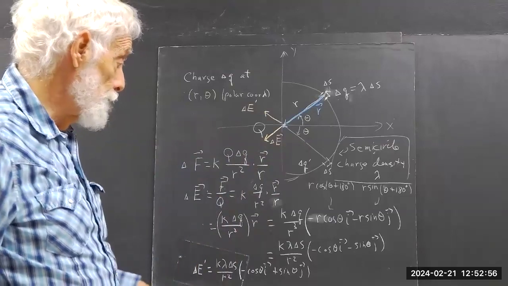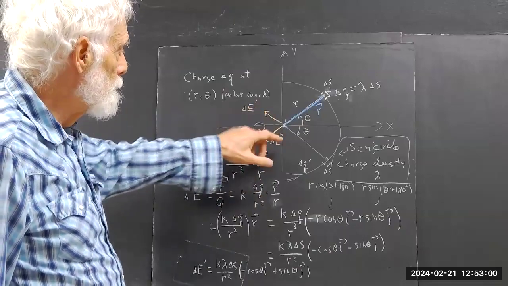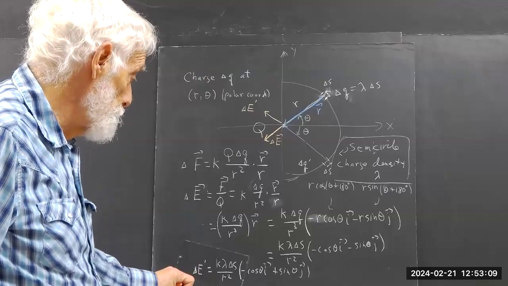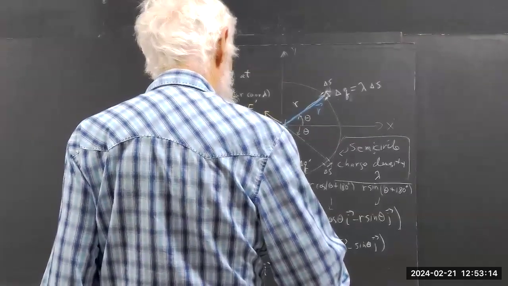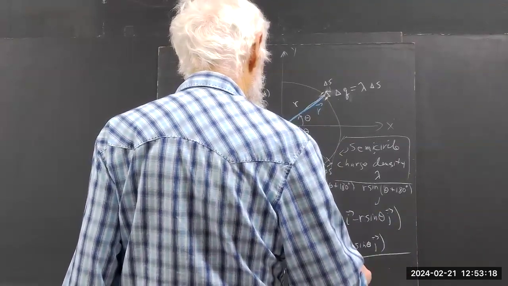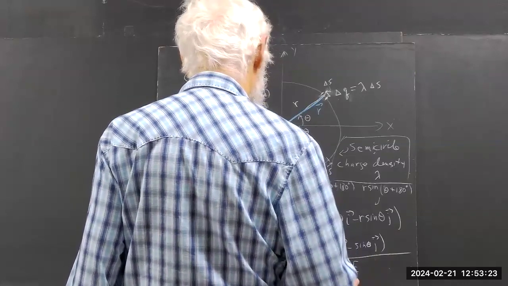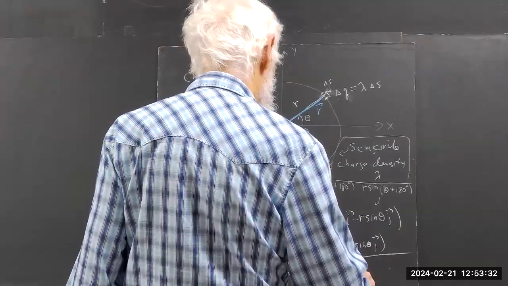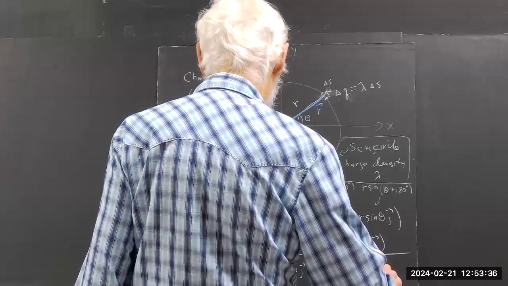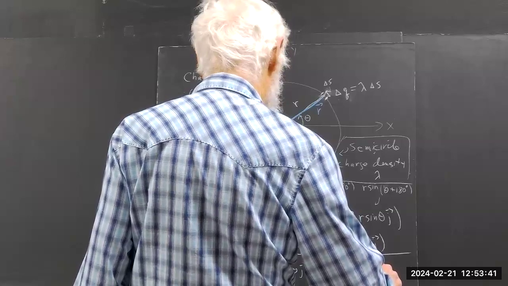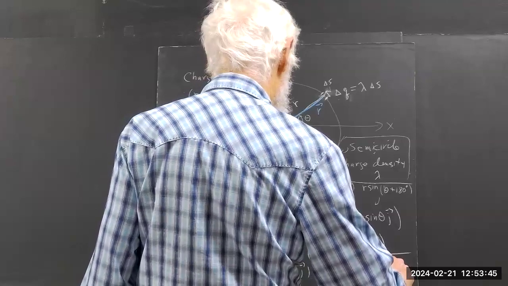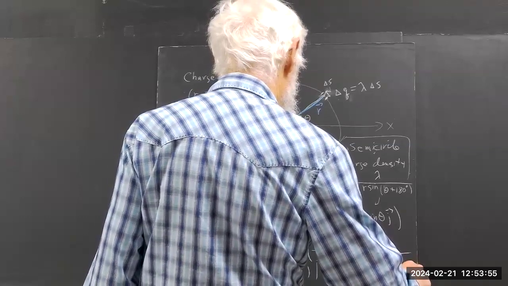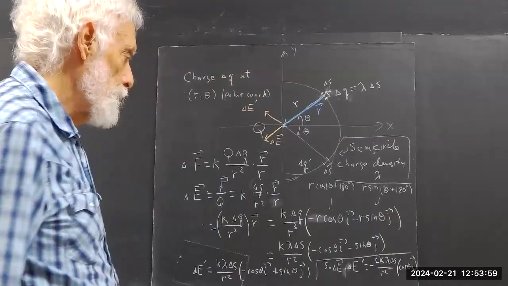But in physics, a lot of times we'll kind of gloss that over. It's pretty obvious from the picture that these angles are equal and the magnitudes are equal, since delta Q prime has the same magnitude as delta Q. So that delta E plus your delta E prime just equals negative 2k lambda delta S over R squared times cosine theta i.